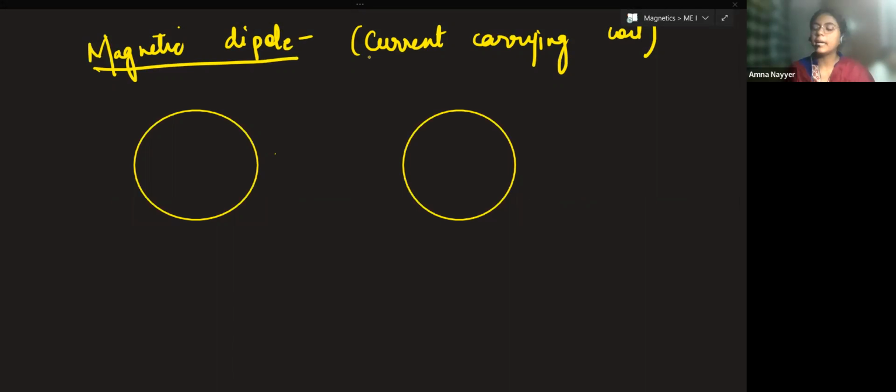See, magnetic dipole: you have the way you had electric dipole in case of electrostatics. Dipole is a set of two charges which have the same magnitude but opposite sign. So plus Q and minus Q comprise your electric dipole. Minus 2 microcoulomb and plus 2 microcoulomb comprise your electric dipole.